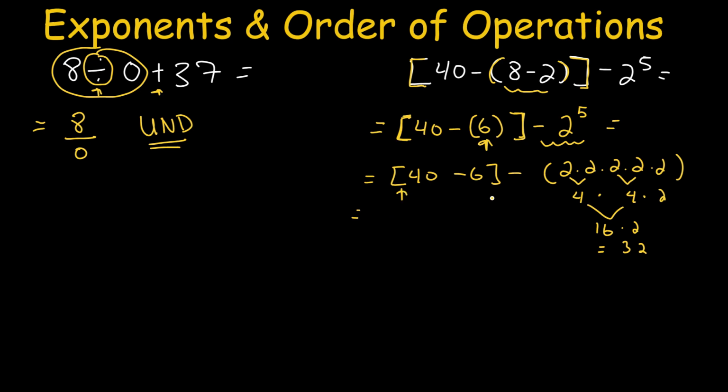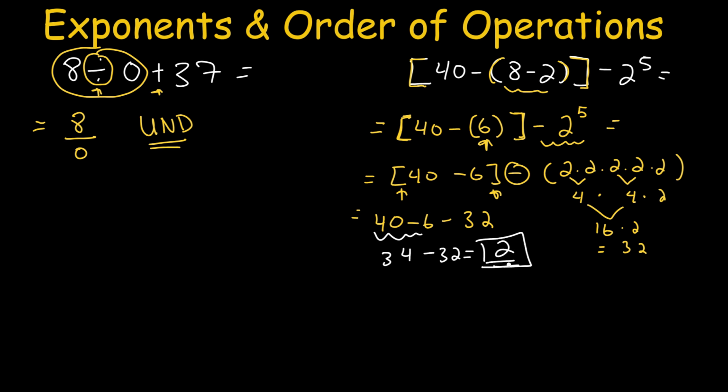There's nothing else we need to do in this bracket, so let's rewrite it. 40 minus 6, don't forget a minus sign here, 32. Right, so let's go ahead and do 40 minus 6. So 40 minus 6 will give you 34. And 34 minus 32, that will be 2. So this is our answer, 2.